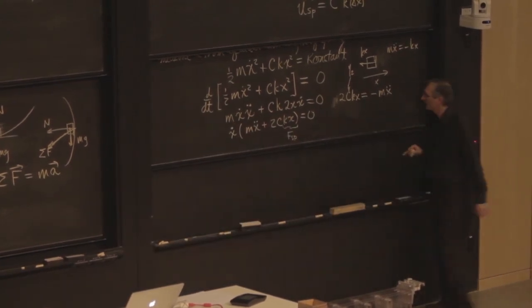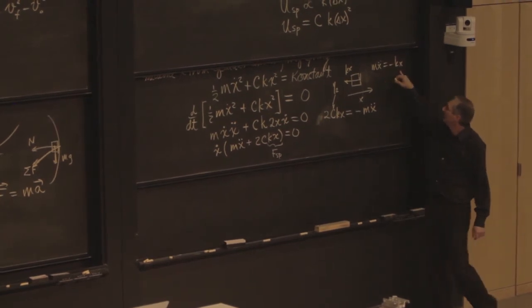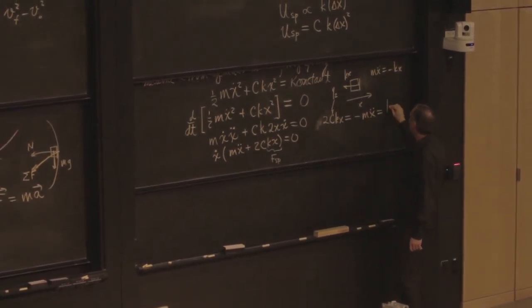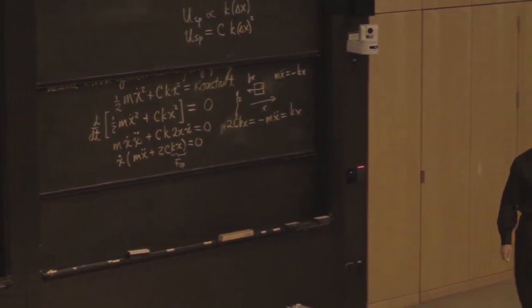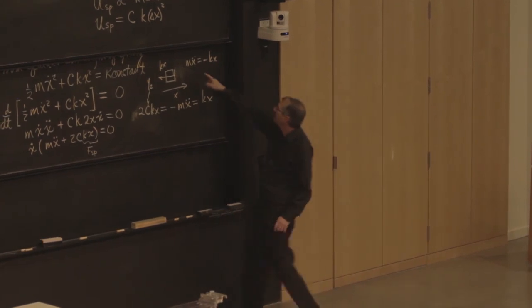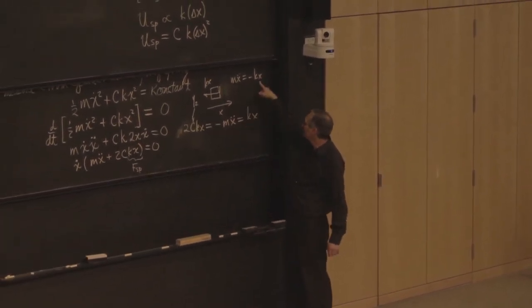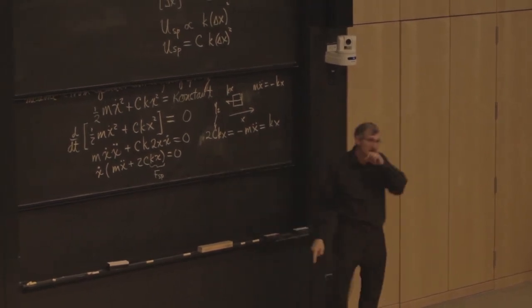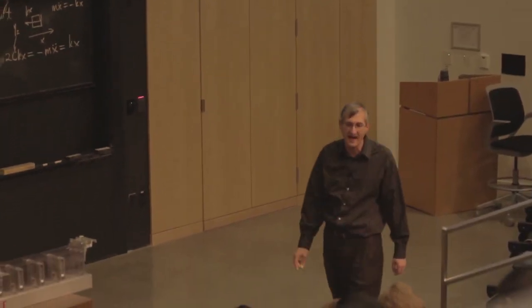Right, because from here, this is supposed to be equal to kx. Agreed? If this is the right expression, then minus m x double dot is equal to minus kx. So two wrongs make a right. I have kx. So 2c kx has to equal kx, 2c has to be equal to 1, c is a half.